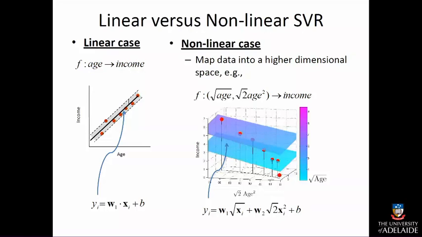So we just need to map the original data into a higher dimensional space, right? Here I just show you an example. We will take the square root and the square to be the new dimension, okay? And then in the new dimension, we fit the data.